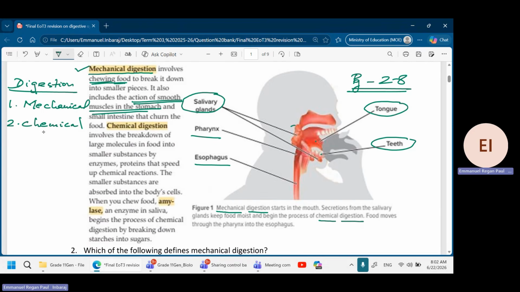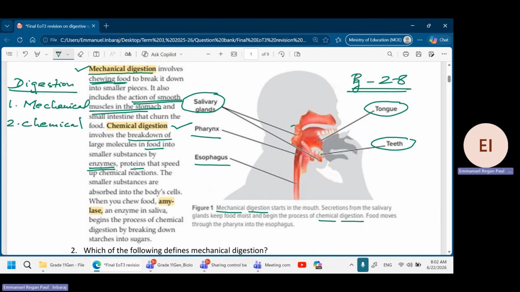Then you may think, what is chemical digestion? This is the second type of digestion. It is the breakdown of food with the help of chemical substances called enzymes. Remember, there are some chemical substances found inside the digestive system and they are called enzymes.